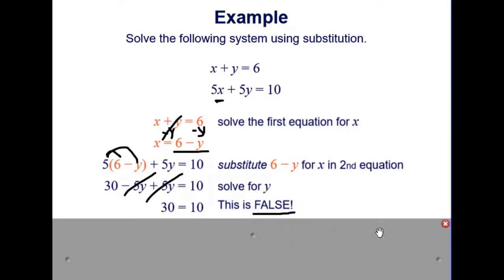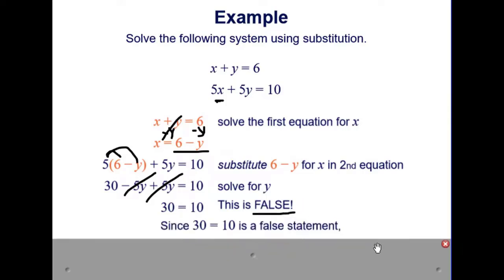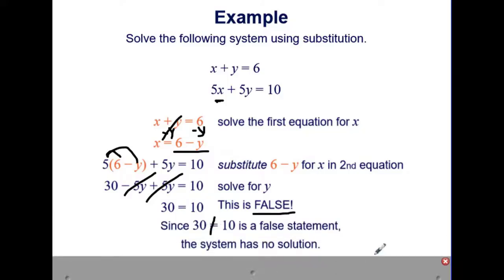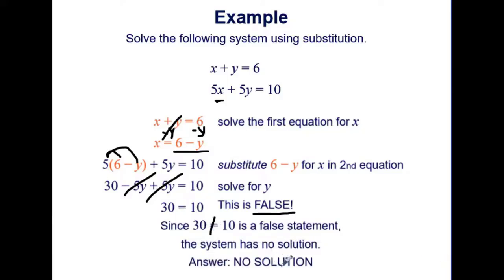This is definitely false. So since 30 equals 10 is a false statement, the system has no solution. We can't solve for a variable. Our answer then just becomes no solution. So when your variables cancel out while you're trying to solve using substitution and you end up with a false statement, we can always conclude the answer will be no solution.